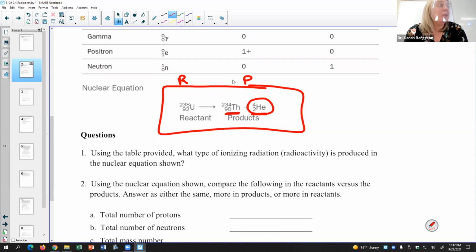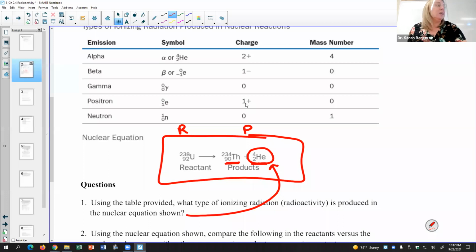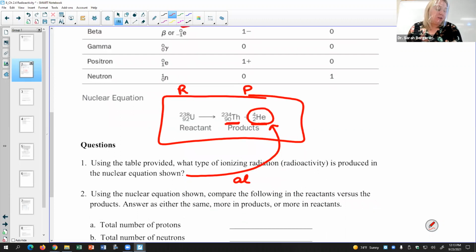But in order to know what kind of radiation, you have to find the symbol of the radiation that's being emitted. And in this case, it's a helium nucleus. So if it's a helium nucleus, come up to the top, what type of radiation is happening? Here's my helium nucleus. Alpha, right? So this is alpha radiation.